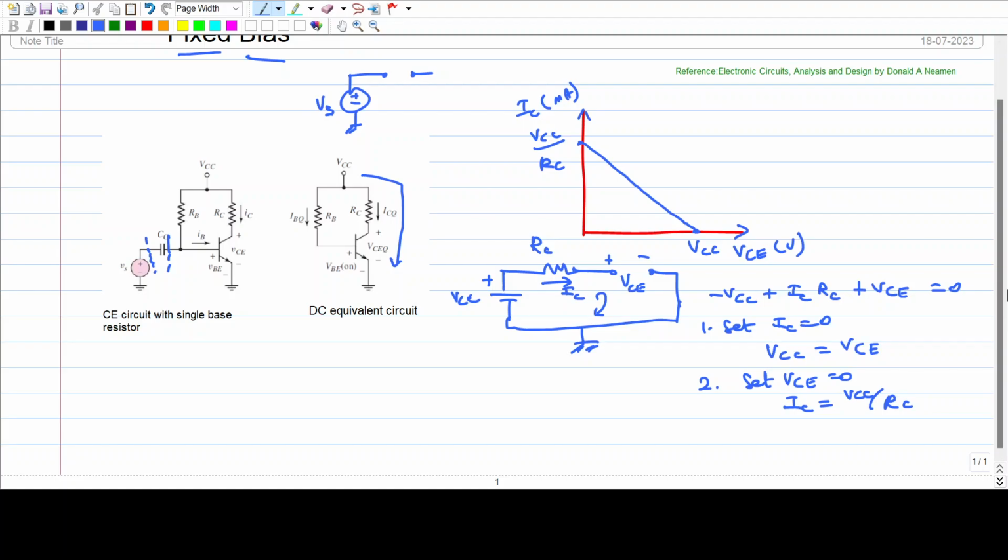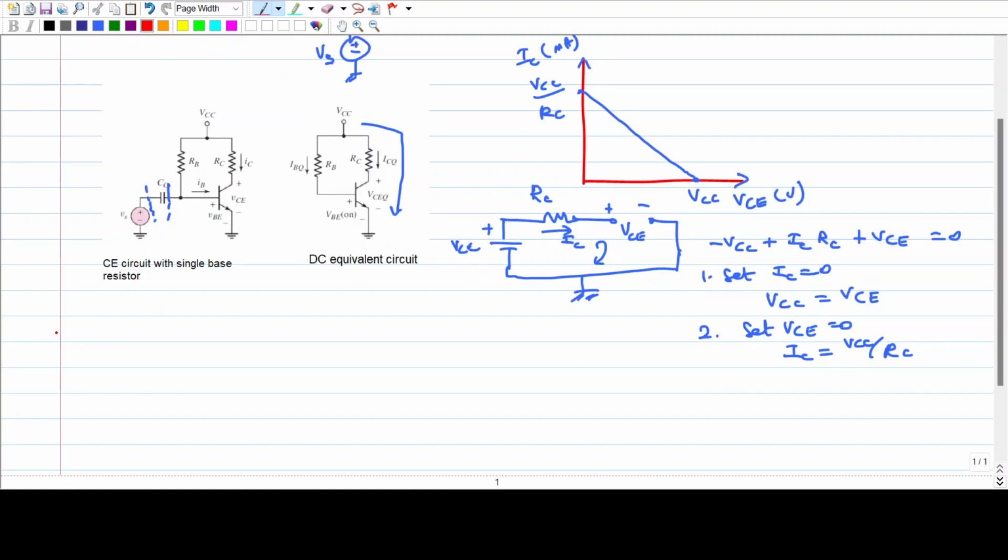The next thing is to get the Q point. To get the Q point, the first thing is we have to write KVL at the input side. At the input, here is a loop.